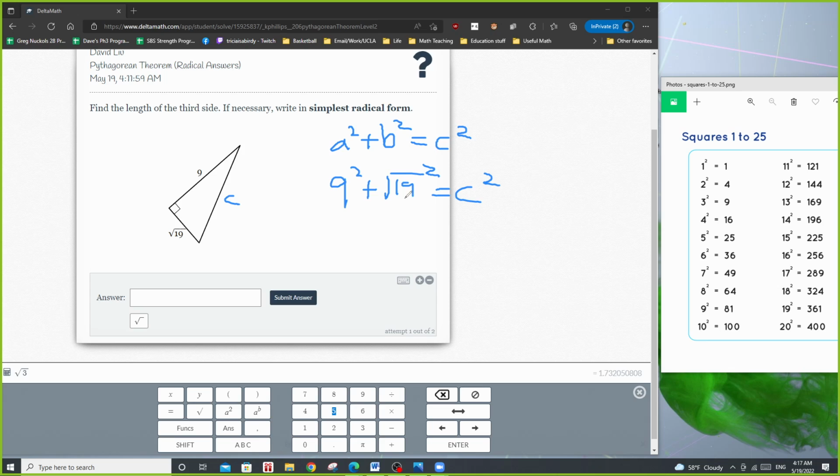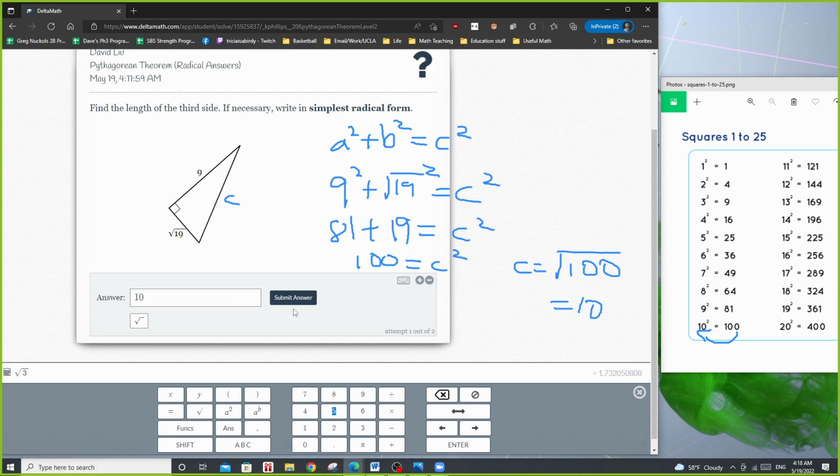And as we just went over, this will just be 19. This will be 9 times 9, which is 81. I add these two, I get 100 equals c squared. C is going to be square root of 100. But we see 100 is here, the square root is just 10. So our answer is 10.